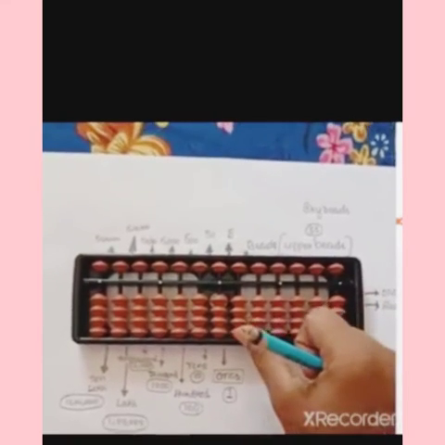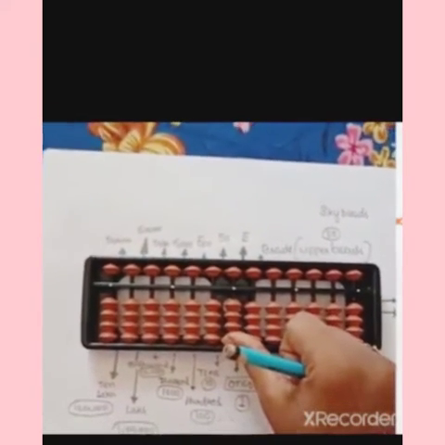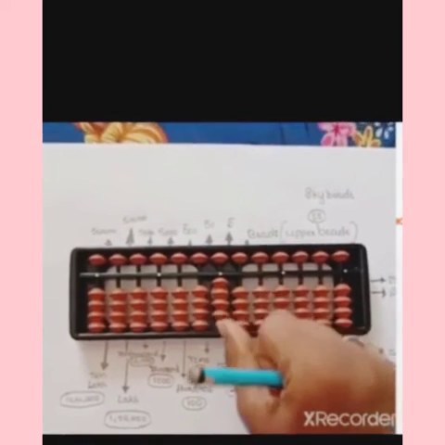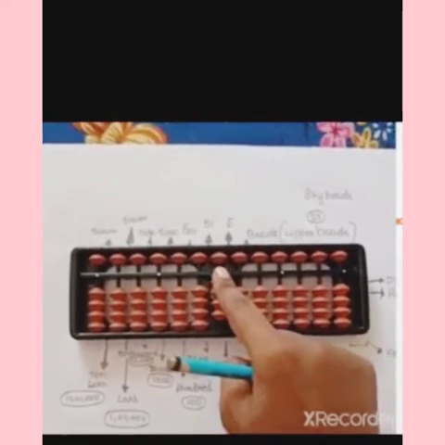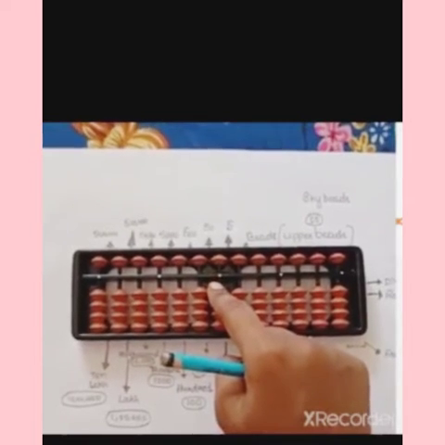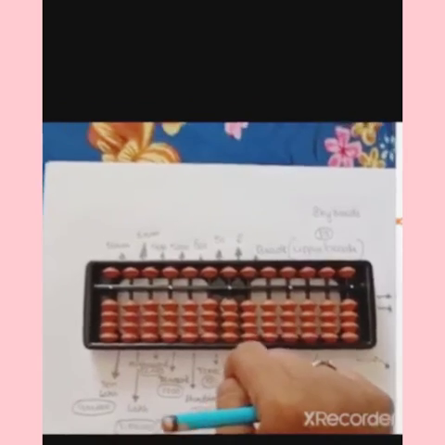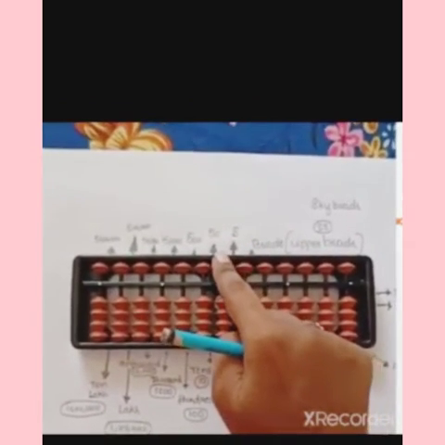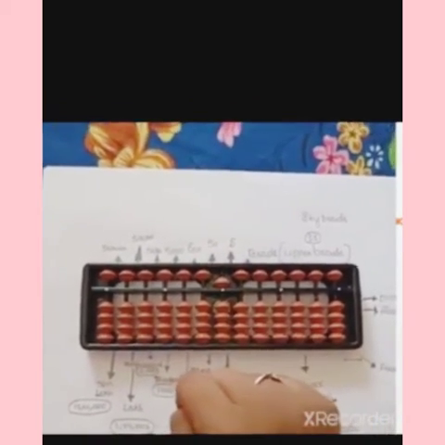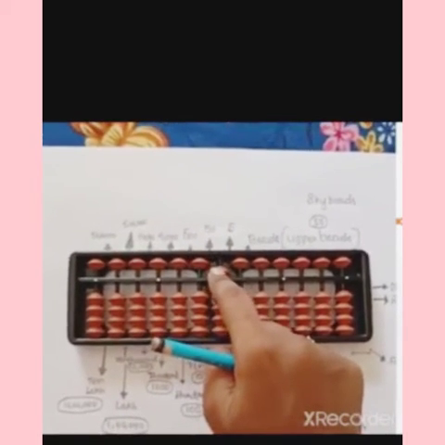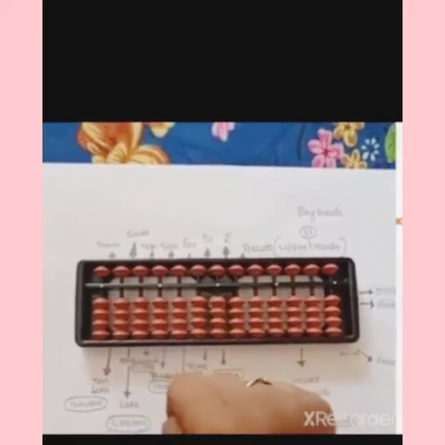Okay, when we are adding, we need to use the thumb finger for the lower beads. When we are going to reduce the beads, we need to use the index finger for lower beads. And for upper beads, to add the 5 upper bead, we need to use the index finger, and to reduce also we need to use the index finger.